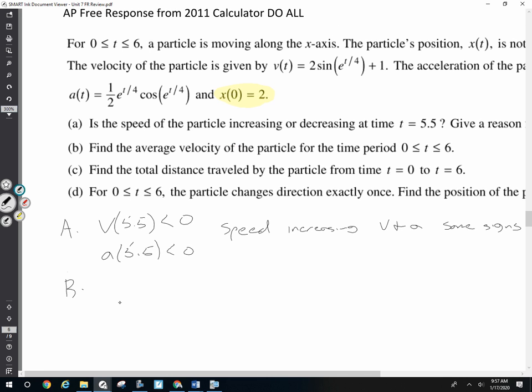Average velocity, nice. 1 over B minus A, integral from A to B of what we're trying to find the average of. Velocity, boom, right there. Can't use change in position. I have to use my calculator.